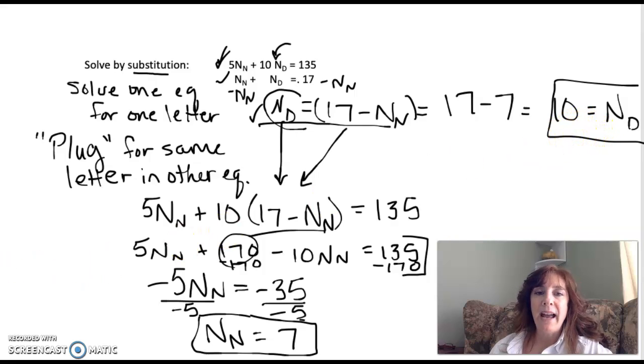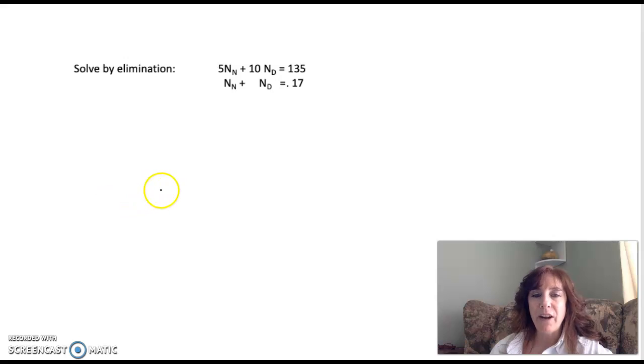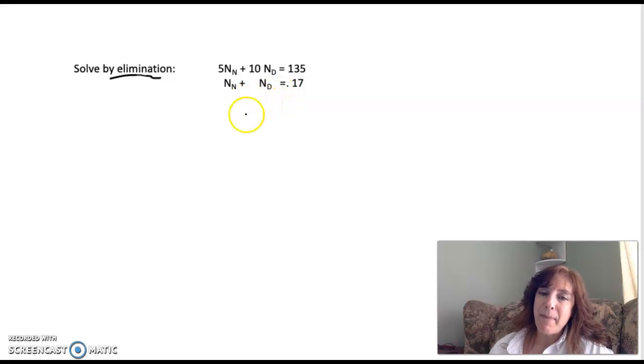Let's try two equations, two variables, the same ones, but now we're going to solve by elimination. Elimination tells me I need to eliminate or kill or get rid of one of these variables. I can do that by making it have the same coefficient with an opposite sign, one negative and one positive.